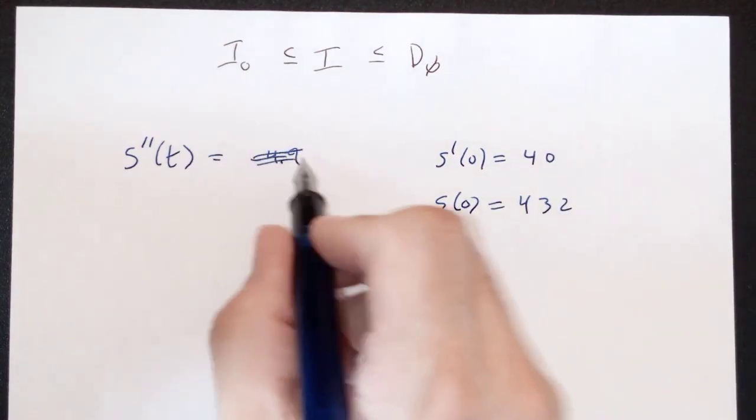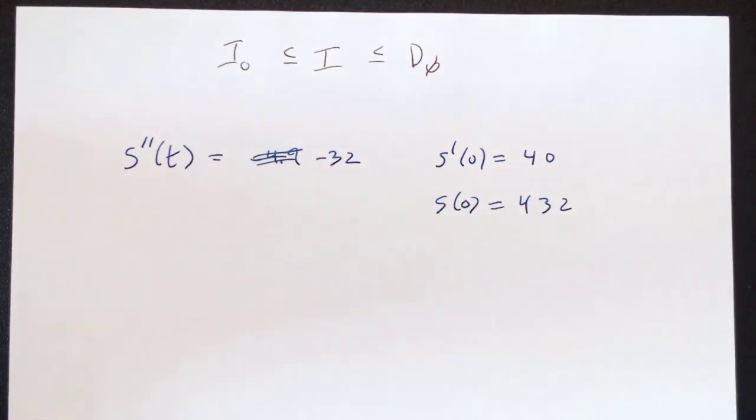Actually, let me use this one. Instead of -4.9, I'll use -32. This is a second order differential equation with a set of initial values, right?